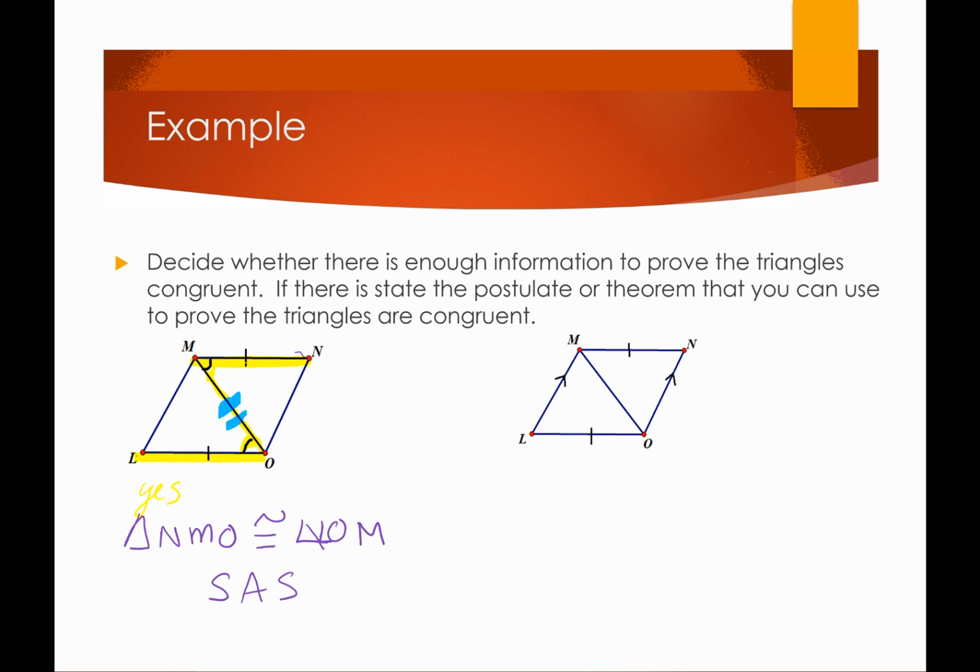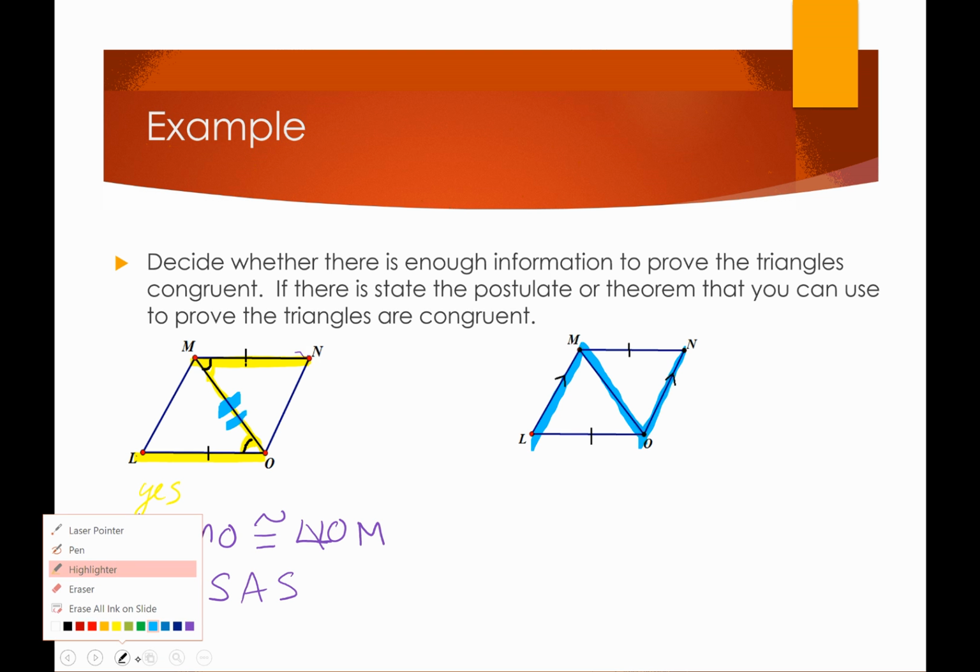All right, now I've just got one side on the second example, but I have that these lines are parallel. So what that means, if those lines are parallel, is that my alternate interior angles are congruent.